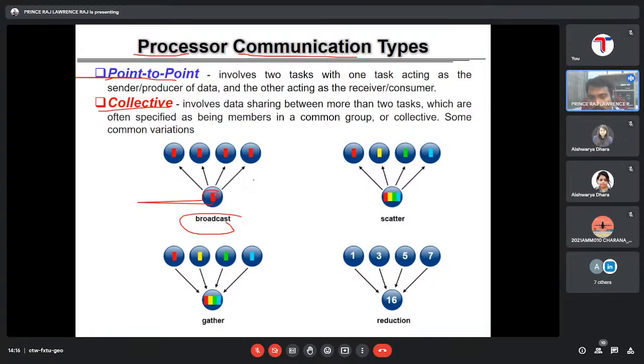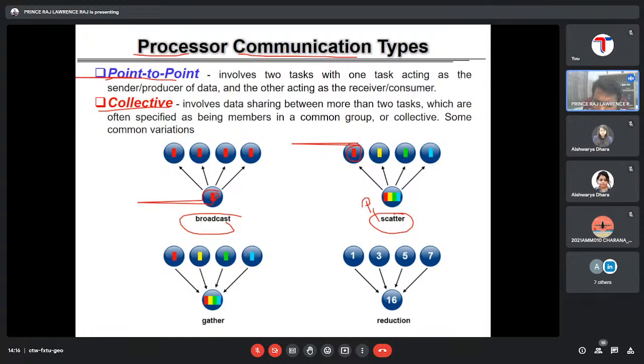That is broadcast. Then comes scatter. Consider this is processor number one. This processor is sending specific data to other processors. For example, processor number 2 will get some data, processor number 3 gets different data. Likewise, if it is sending, that is your scatter. Now gather. Gather means something is collected from all the other processors.